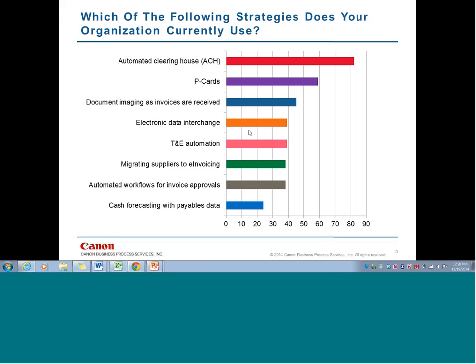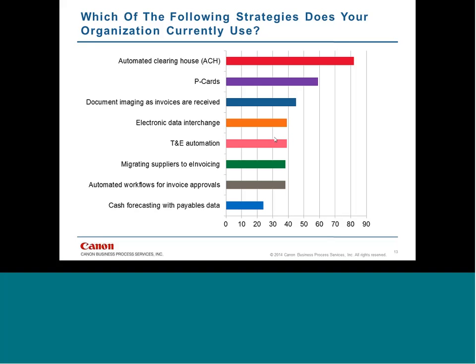What is interesting here is that we also asked a question about OCR, using optical character recognition to extract the data from the invoices, and the response was down around number 9 or 10 on the list. That suggests to me that they are comfortable using scanning and using images to process, but not all organizations are truly automating that front end using the automation that's available today.